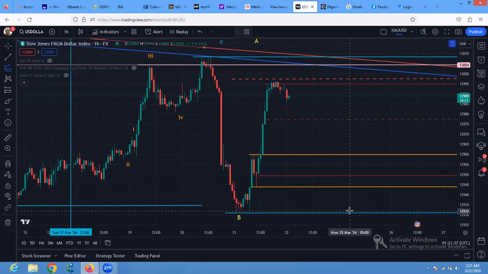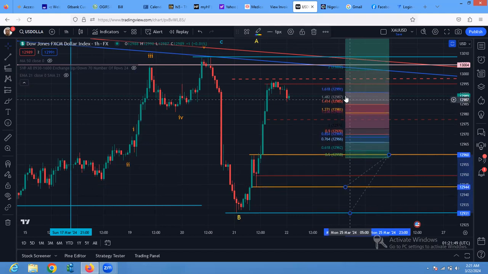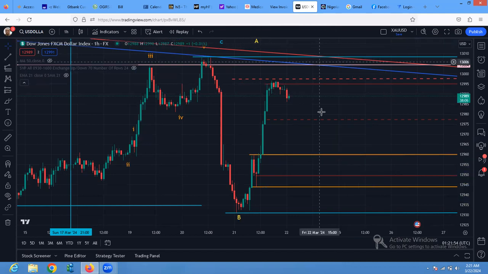Also looking at this as a possible ABC in the manner it's corrected to the upside. You can see that it broke 161.8 slightly. You may say it's imperfect, but this thing is coming down. We had a reaction here. It broke 161.8.